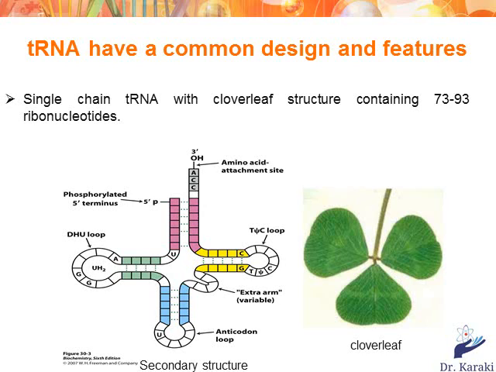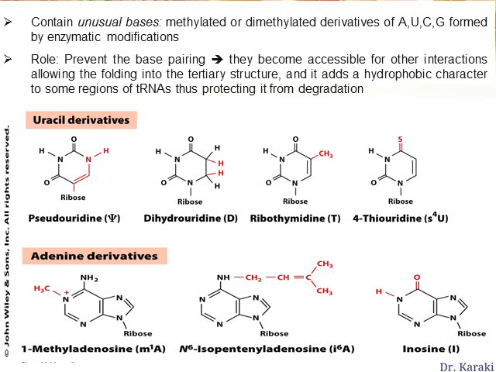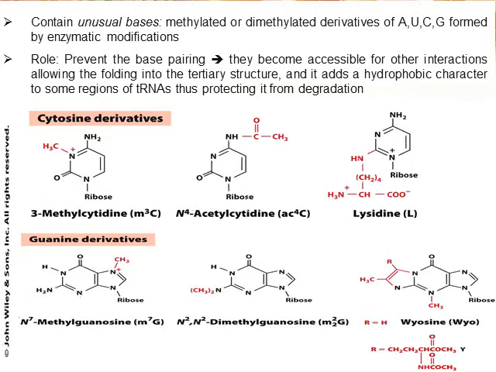It's a single chain tRNA with a cloverleaf structure containing 73 to 93 ribonucleotides. They contain unusual bases such as dihydrouridine and pseudouridine, derivatives of uracil, pseudouridine being the most abundant RNA modification. Inosine is a derivative of adenine, methylcytidine is a derivative of cytosine, and methylguanosine is a derivative of guanine.